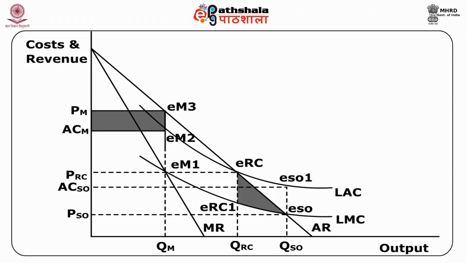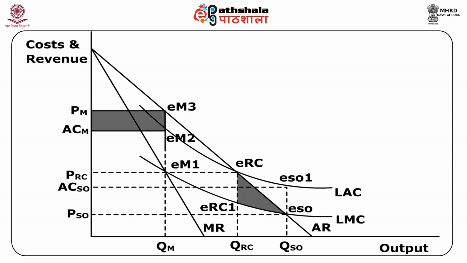But at this level of output, the average cost of production, that is ACSO, exceeds the price per unit being charged, PSO. This implies that the public utility would be incurring losses equal to the rectangular region ACSO, PSO, ESO, ESO1.